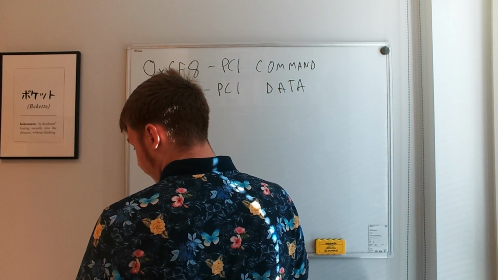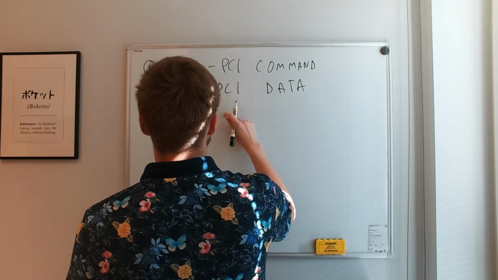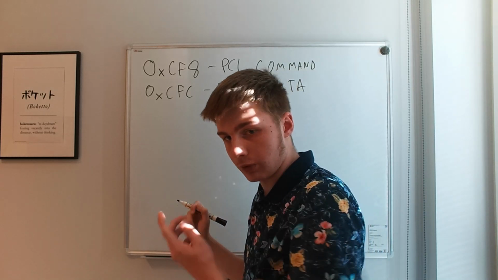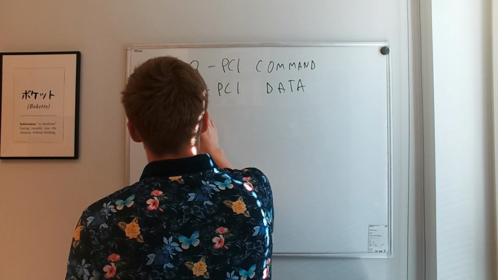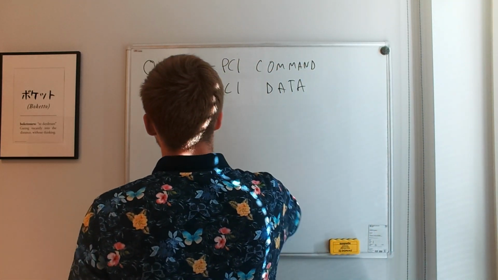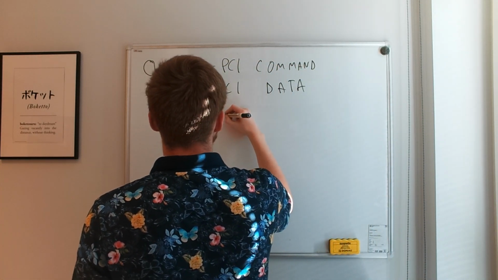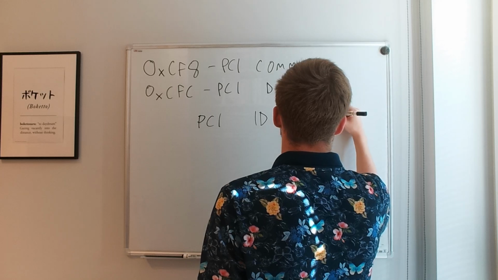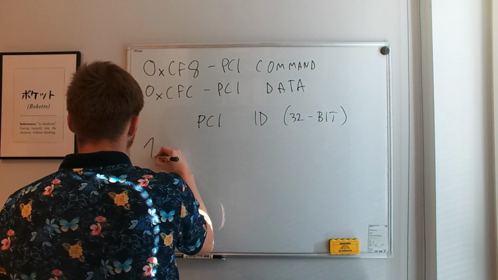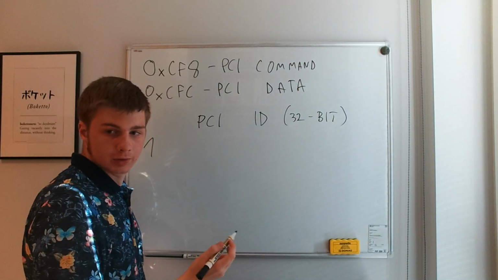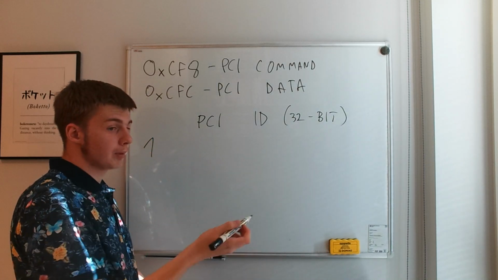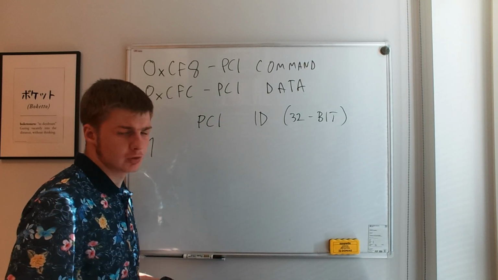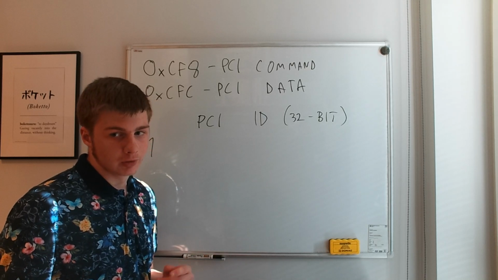A PCI ID is a 32-bit value, which is why we'll have to use a 32-bit I/O bus communication wrapper. The PCI ID always starts with a 1. You can generally implement generating this ID based off of the parameters provided, just using bit shifting and ORs.